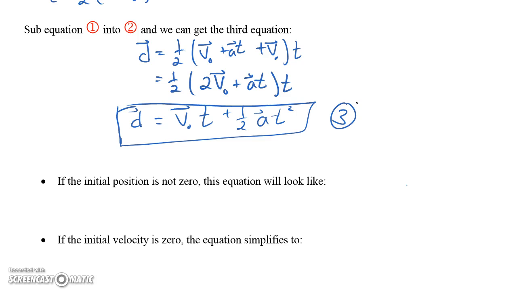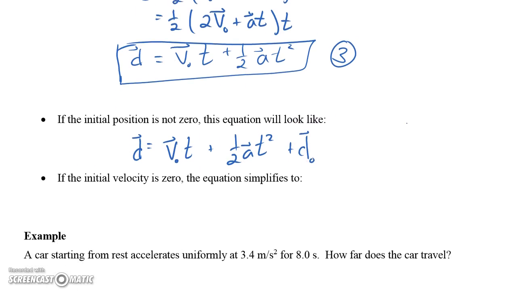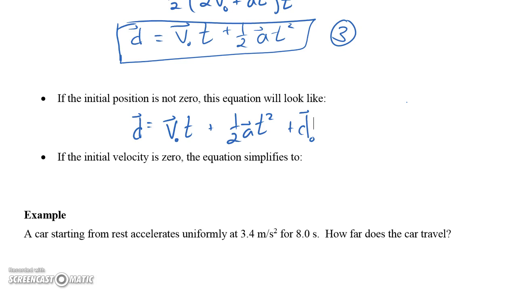But if it's not, we can add on to the equation just a little bit to account for the initial position not being 0. So here's the original. And if we just add a d naught, that will satisfy a non-zero initial position. That will rarely happen, but it's in your notes if you come to a problem that needs it.